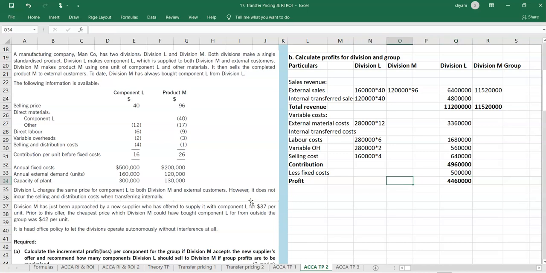Let's do the other division, M. Okay, division M, external material cost. So they are having only 1,20,000 units. External material cost is going to be 17.